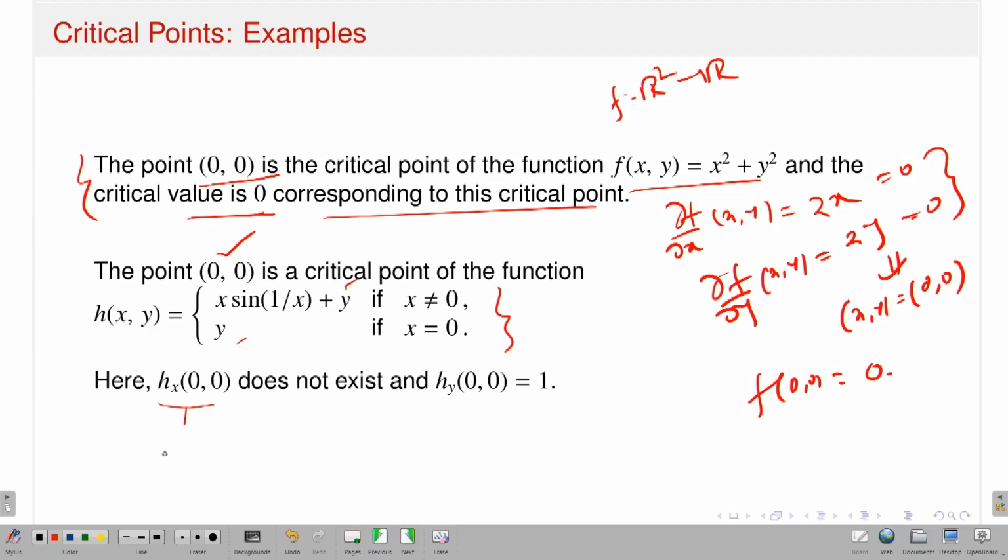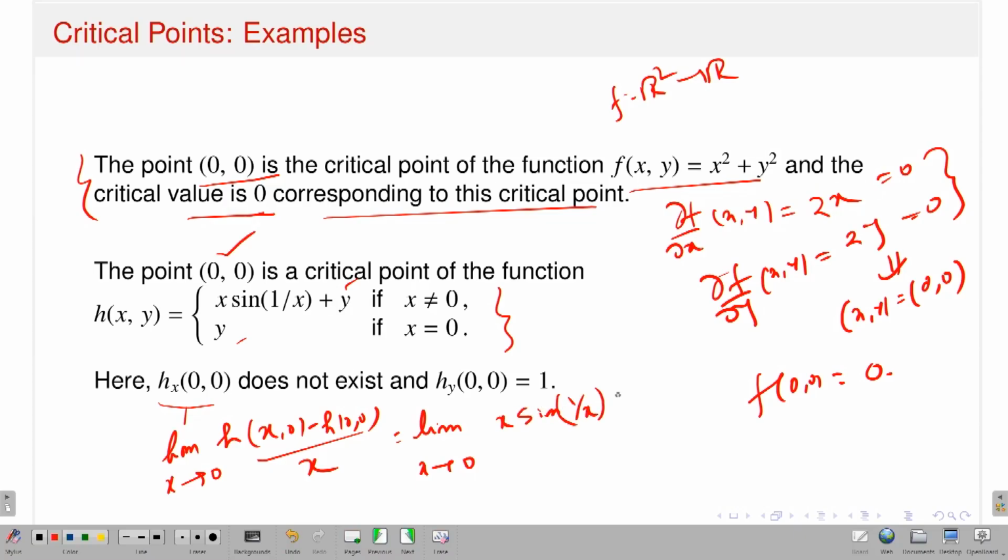By definition, this is the limit as x approaches 0 of [h(x, 0) minus h(0, 0)] by x. This is the partial derivative of h with respect to x at the point (0, 0). Here y is 0, and x is non-zero, so h(x, 0) is x sin(1/x) plus 0, minus h(0, 0), which is 0, divided by x.